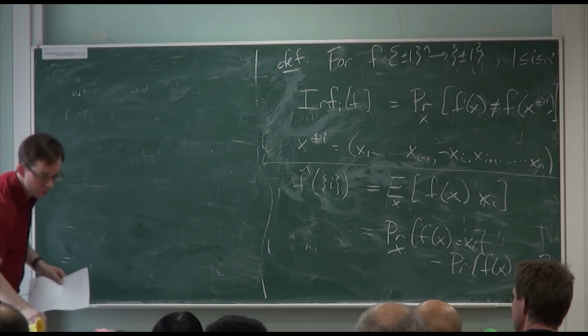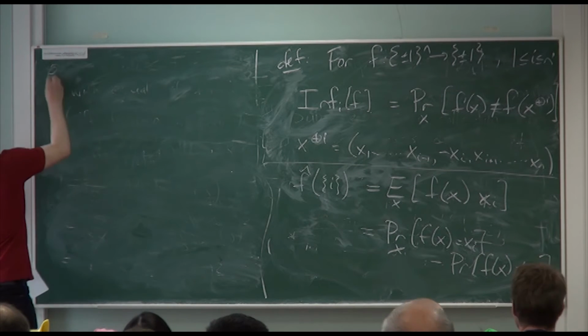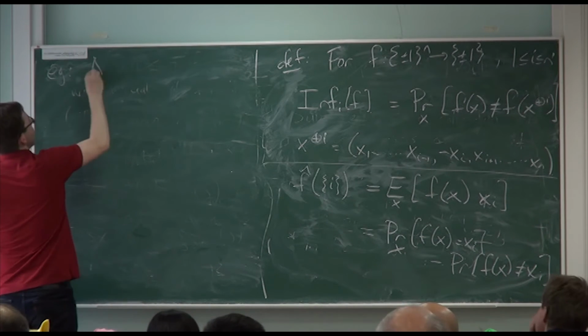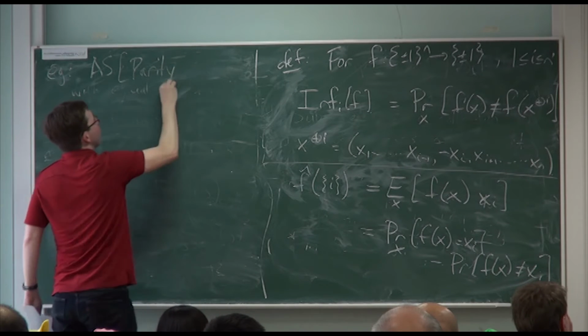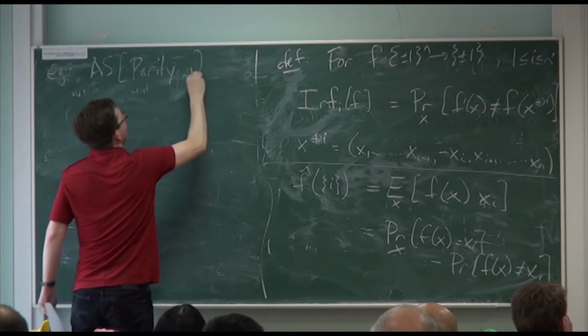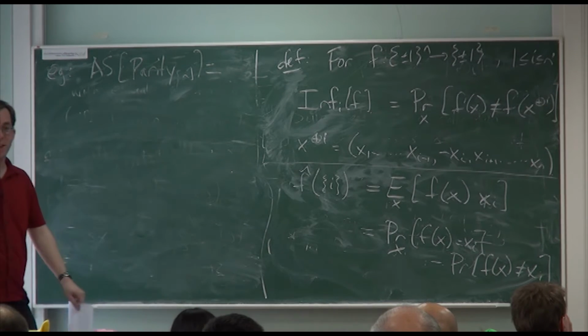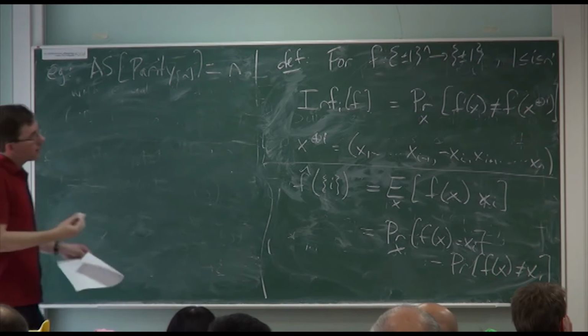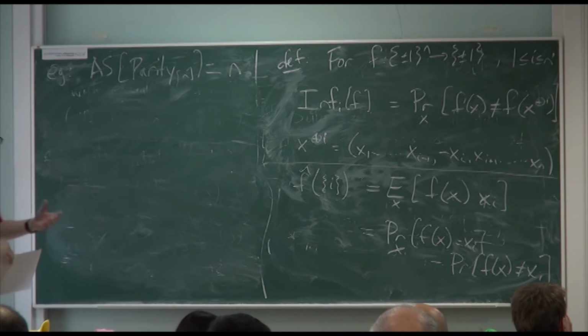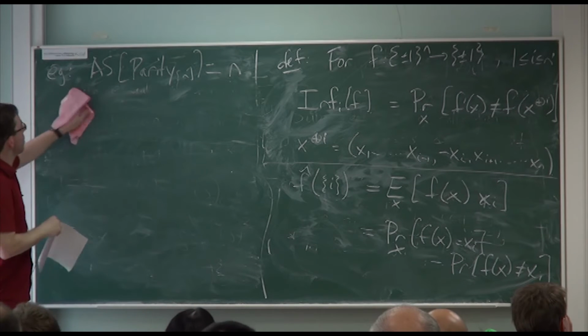Let's do some examples. Okay, so what's the average sensitivity? Here's a good example, the parity function, the XOR function on all coordinates. Someone could say? It's n, yeah, because if you pick a random string x, it doesn't matter what it is. All of the coordinates have the property that flipping them changes the parity.